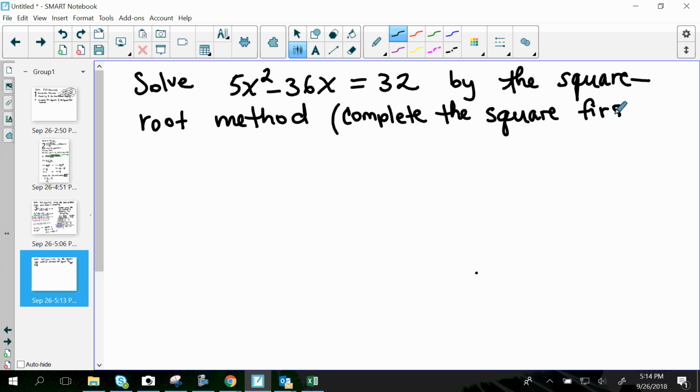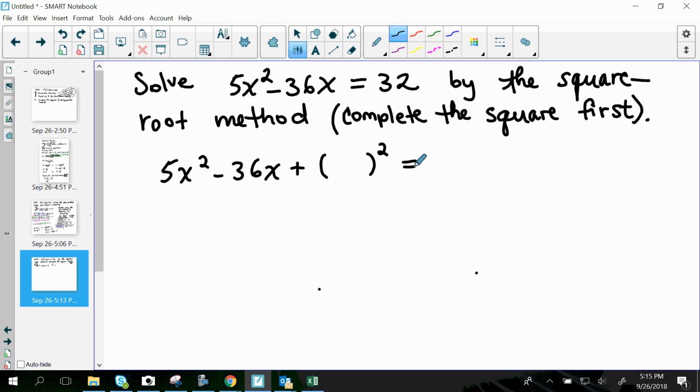Okay, so some equations are set up so that you already have a perfect square binomial, and some of them aren't. So for this one, we're going to have to do the work of making our polynomial into a perfect square trinomial that can be rewritten as a binomial quantity squared.